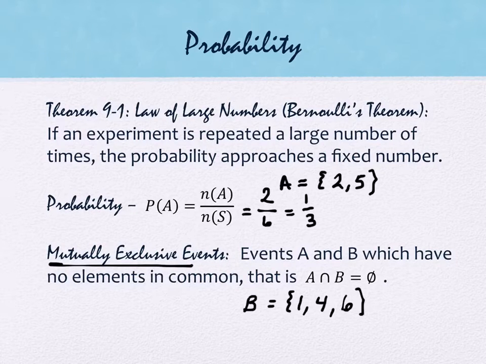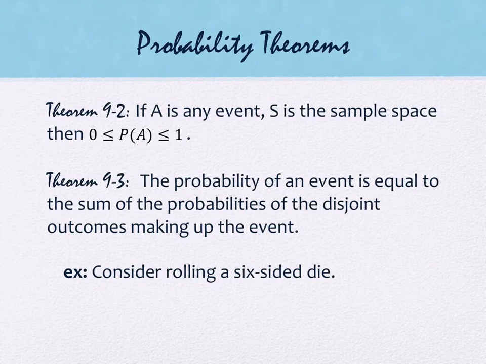All right, a couple theorems are what's coming next. Theorem 9.2. If A is an event and S is the sample space, then the probability of the event is between 0 and 1. If the probability of an event happening is 0, that's an impossible event. Okay?